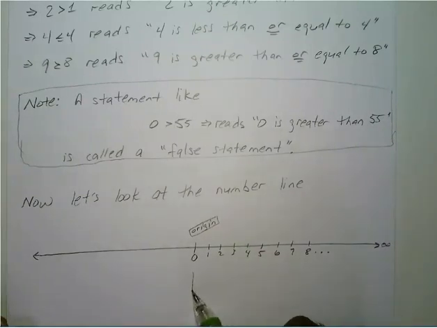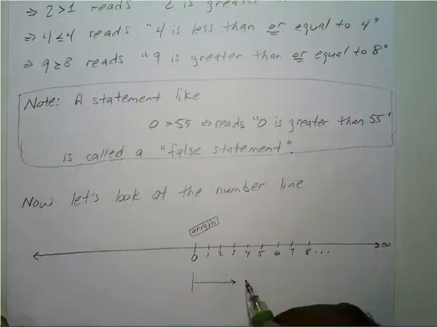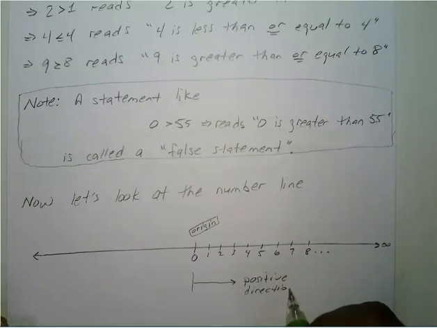Starting at your origin and going to the right is your positive direction. Those are all the numbers we're used to using when we're counting things.